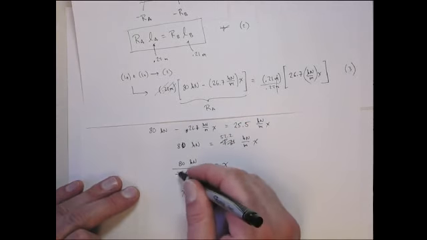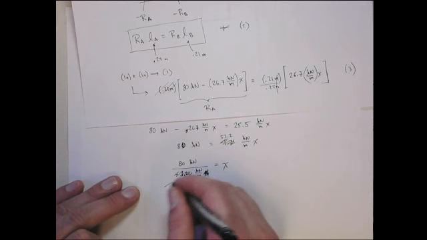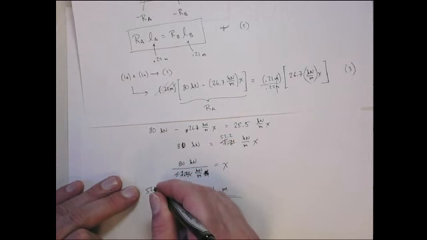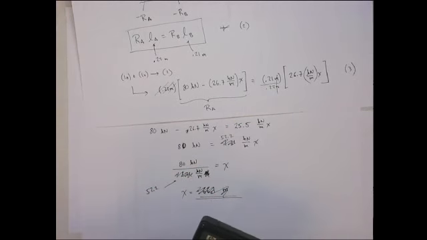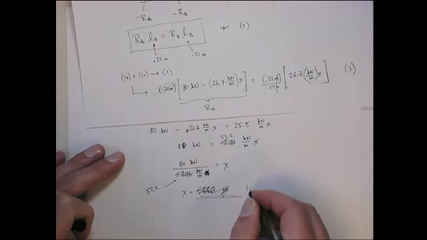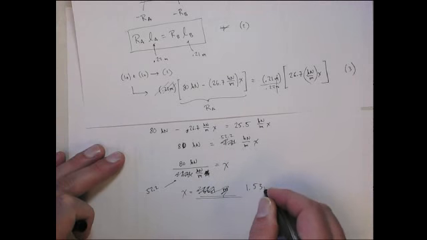Now when I divide here by 52.2, again that's still kilonewton meters, that'll give me X equal to 1.53 meters.